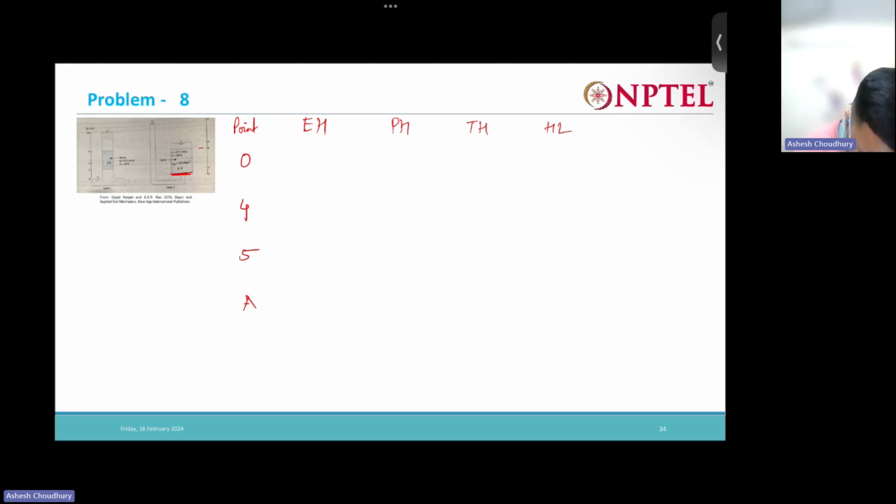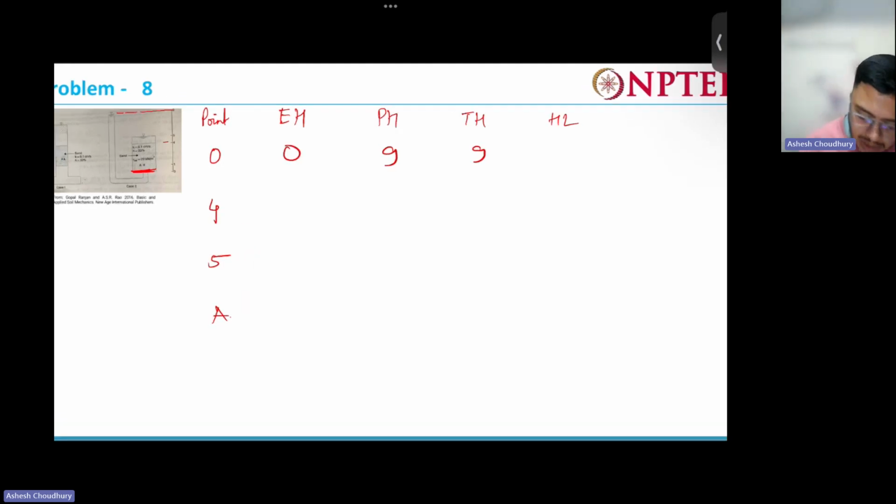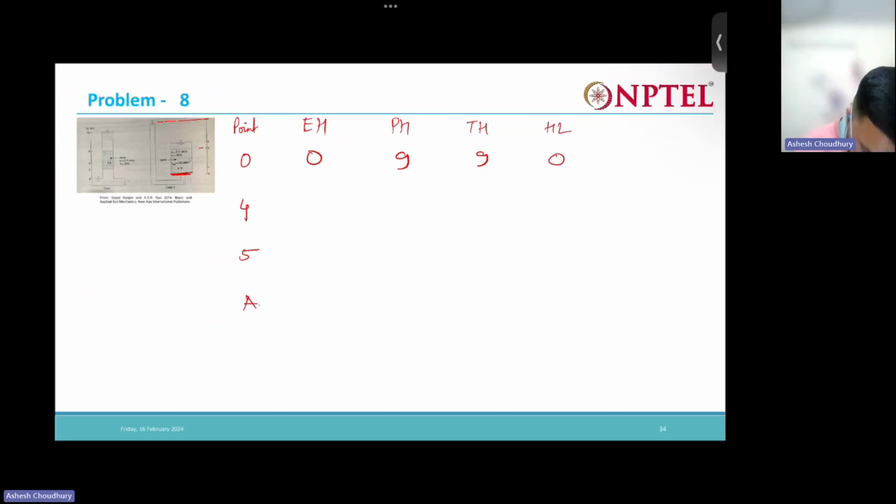So at 0 point, what is the elevation head? If we consider that as the datum, we can write it as 0. What is the pressure head? Pressure head is this much, 9. So total head is 9. Elevation head plus pressure head gives the total head. Head loss is 0. Now at exit point 4, what is the elevation head? It is 4. What is the pressure head? 1, right?